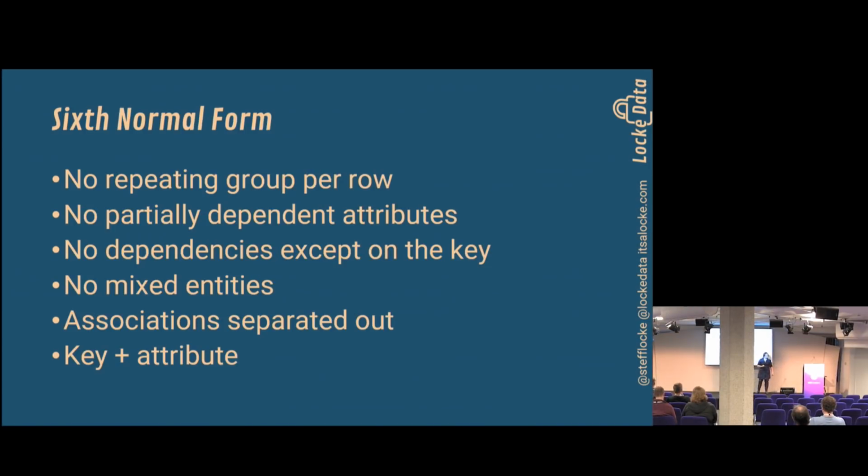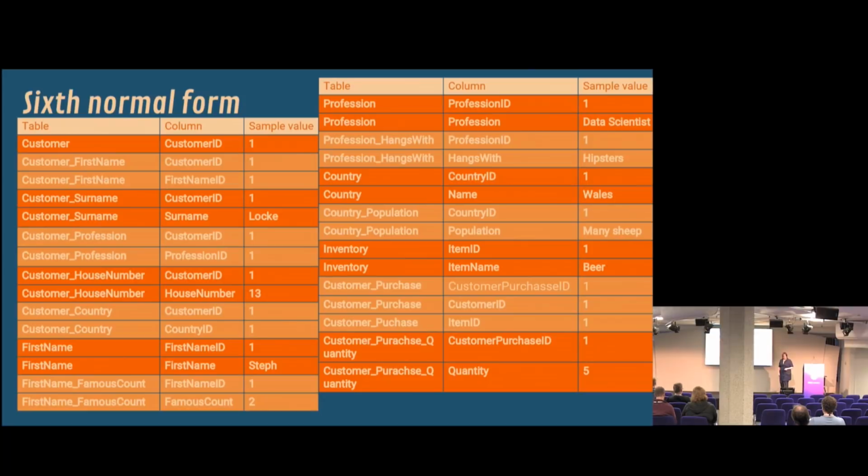Every table principally contains the entity key it relates to, so like the customer ID, and then has a column for a specific attribute. So every attribute in your third normal form table would now have its own table. So this is what it would end up looking like if you were handcrafting your sixth normal form data warehouse, line of business system.